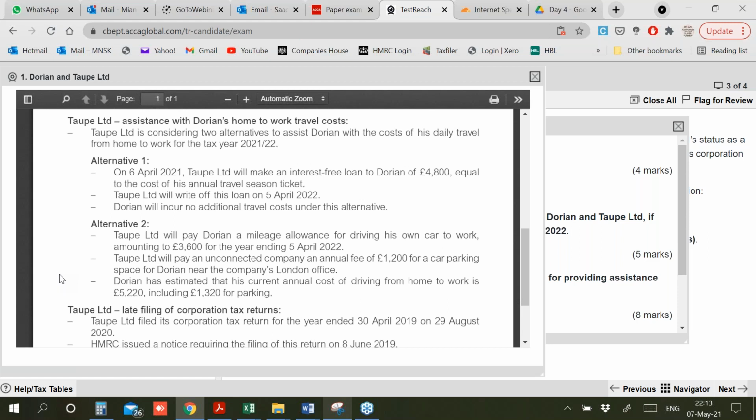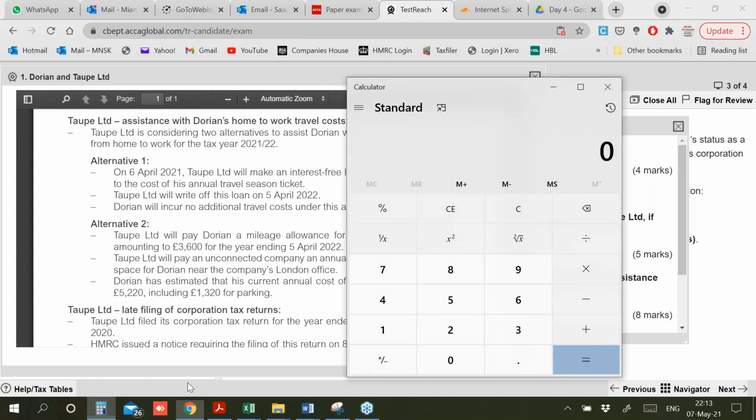This is an exempt benefit. Dorian has estimated that his current annual cost of driving from home to work is 5220. It includes 1320 as parking. So now the company will be paying his parking fee, so he will not have to incur the parking fee, so let's deduct that.